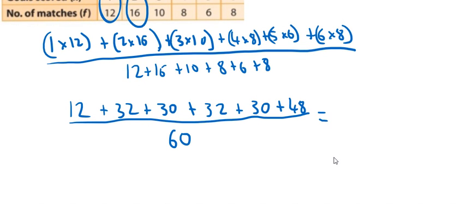Then if we try out up the top, so 12 and 32 would be 44, plus 30 would be 74, 106, 136, and then 184.